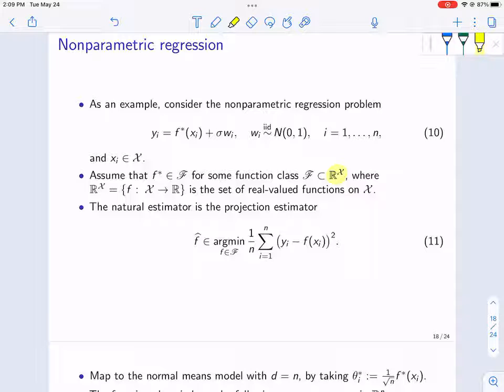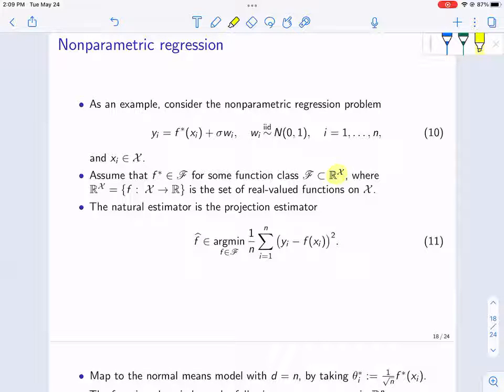And so a natural estimator in this setting is this projection estimator. So you minimize the least squares error between y_i and f of x_i as f varies in the function class.